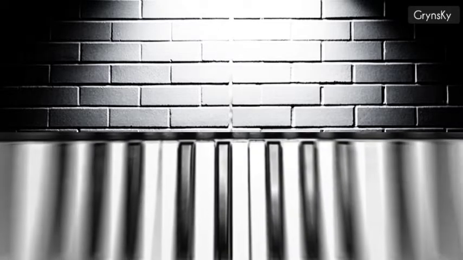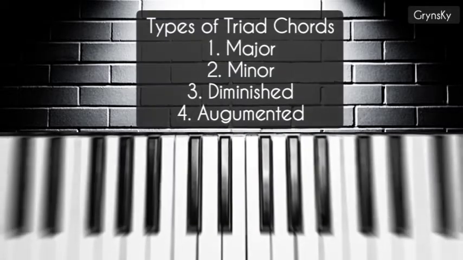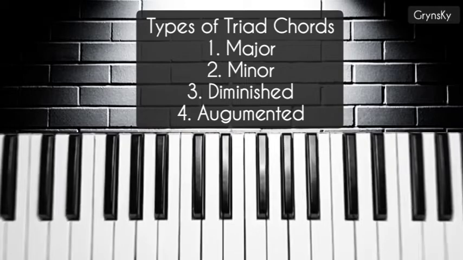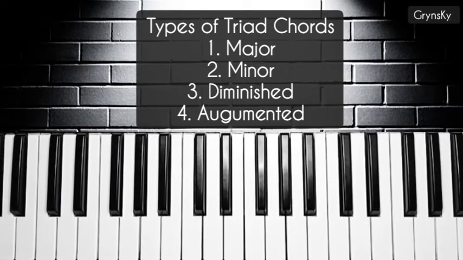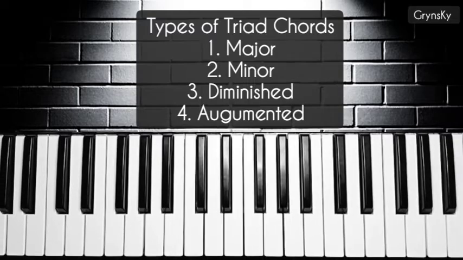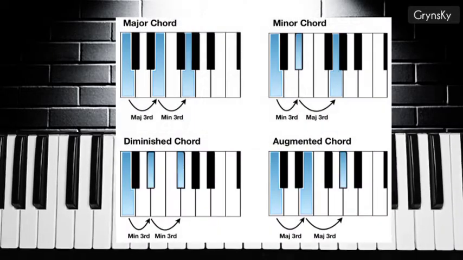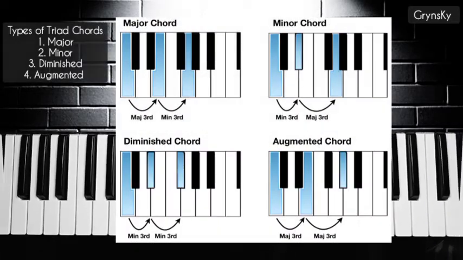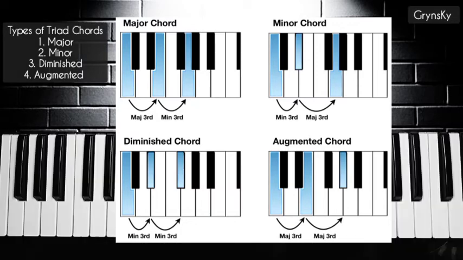We have 4 basic triad chords: the major triad, minor triad, diminished, and augmented. But I'll add 2 to it, so stay tuned. By the end of the lesson, you get the remaining 2 triad chords that I've added.